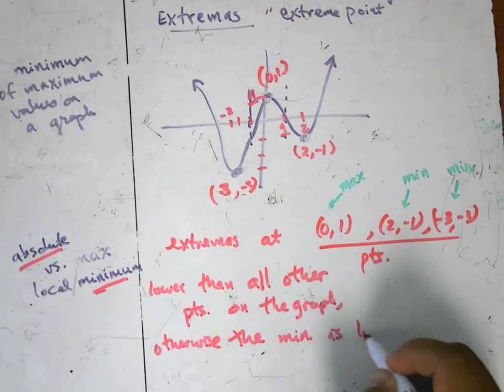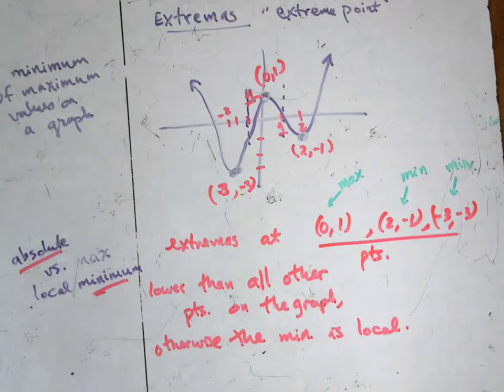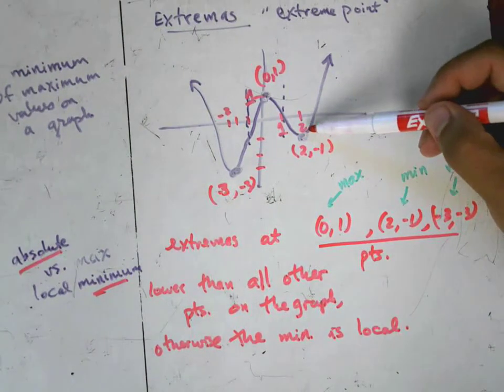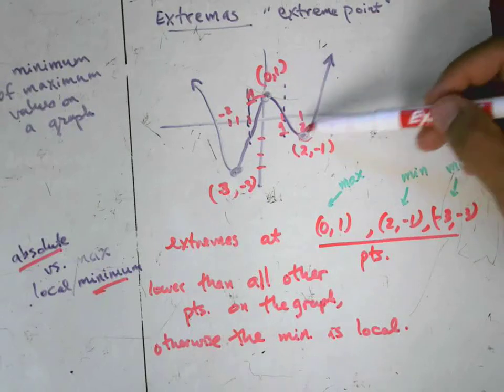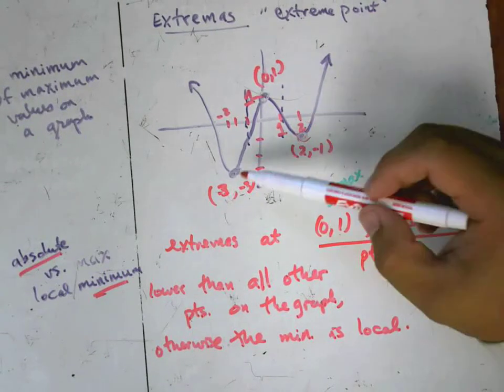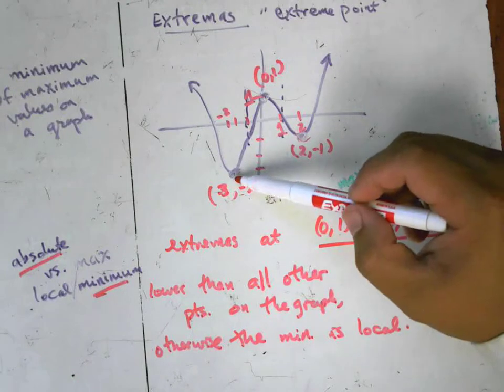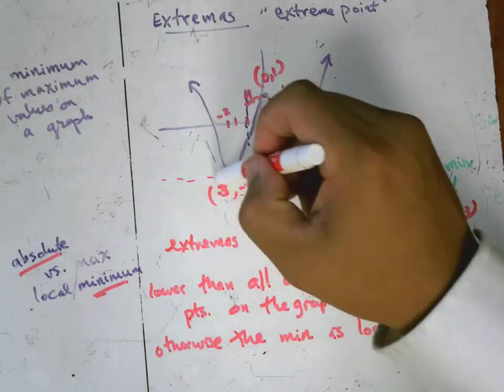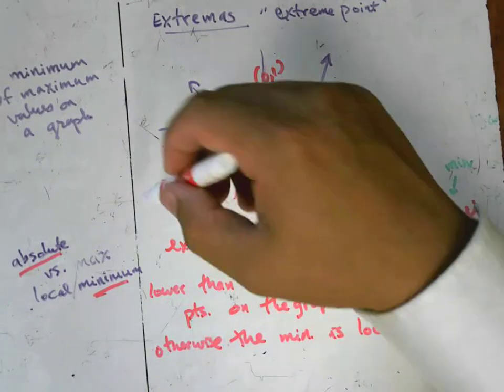And we can see a good example of that. This right here is a minimum, but it's not the lowest point we can get. It's only the lowest point in this area. We can certainly get lower than that at (-3, -3). And this is the absolute minimum because it's also a bound. See, this point also contains the boundary for the entire function.